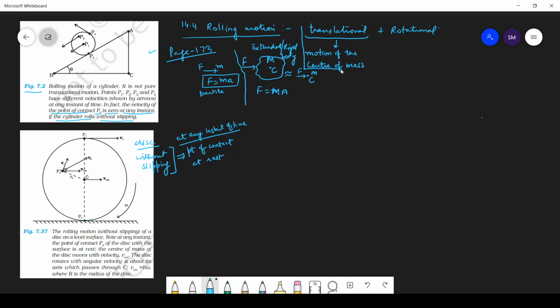We are assuming that for a rigid body, when we apply an external force on it, the whole mass is concentrated at the center of mass, and that force is applied at the center of mass. So this capital A tells you that this is the acceleration of the center of mass, and we are writing it for an extended rigid body.